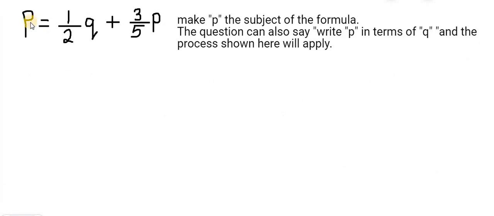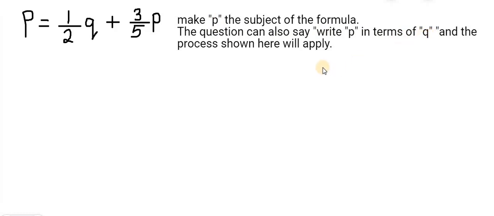Okay. Finally, p is equal to half q plus 3 over 5p. Now, it says make p the subject of the formula. Another way to ask this question, and the same process will apply, is write p in terms of q.